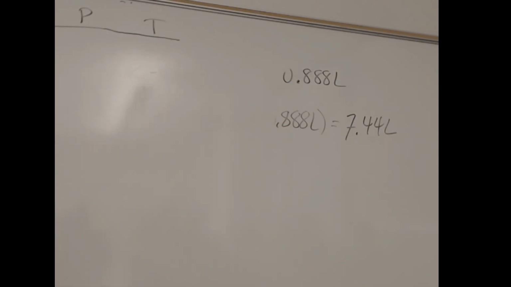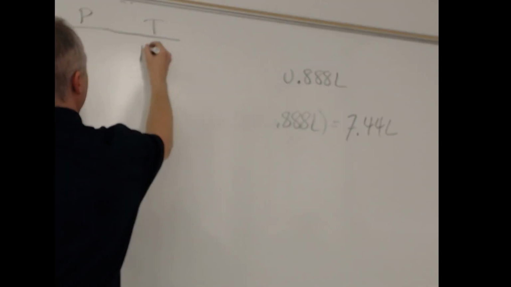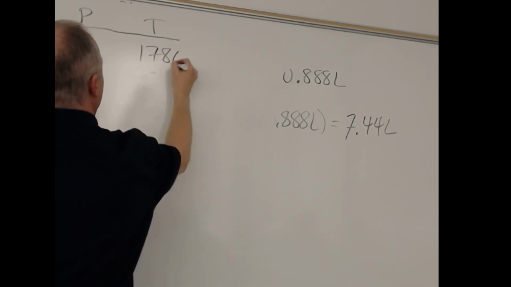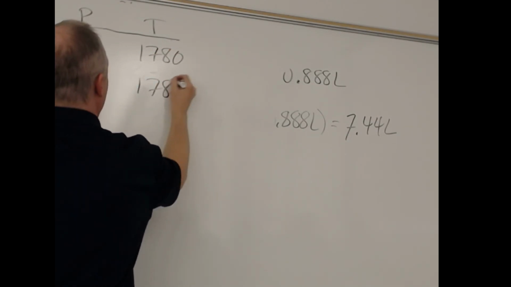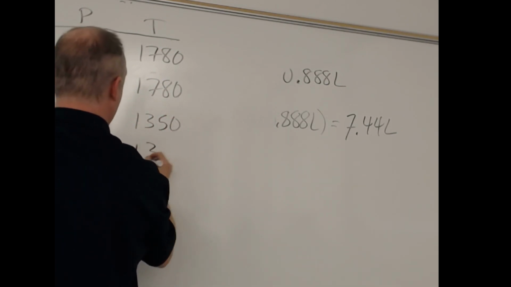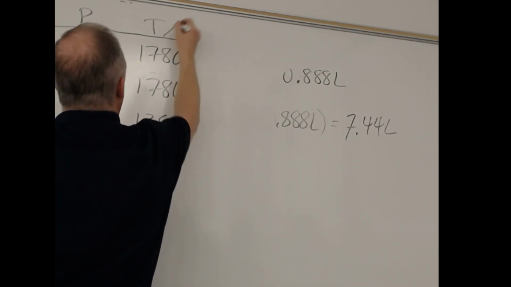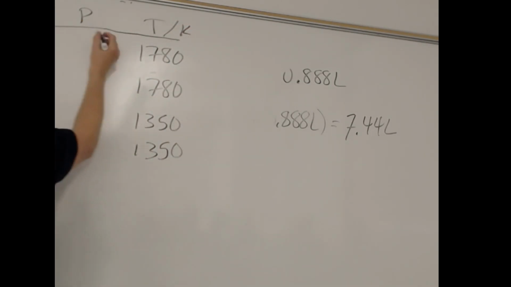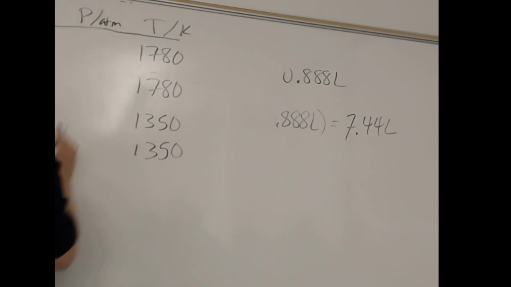And so we have our volumes, VA and VC, and then we can put our temperatures in. So where does the temperature hot go? On A and B, both. T hot, that was 1780. And 1350. You can do everything in liters and Kelvin and atmospheres. There, I put my units at the top.